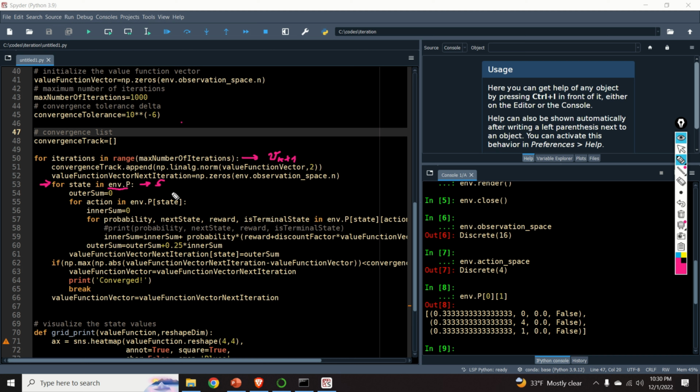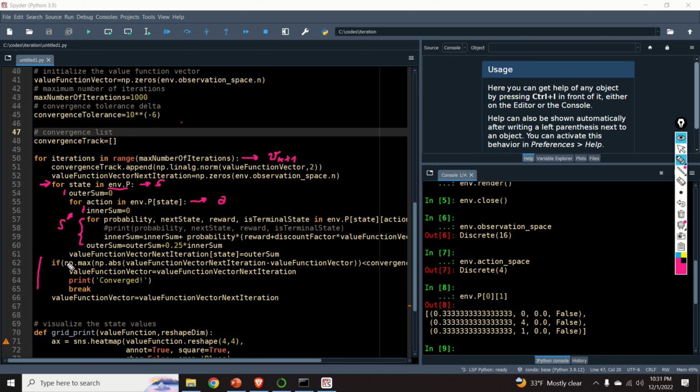In our case, this state variable goes from 0 and it ends at 15. Then we need to compute the outer sum. To compute the outer sum, we need to iterate over the actions. So this for loop iterates over the actions. And finally, we need to compute an inner sum. That is, we need to iterate over the next states. And this for loop iterates over the next states, s prime, and it computes the inner sum.